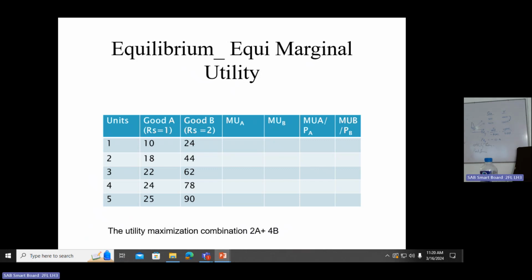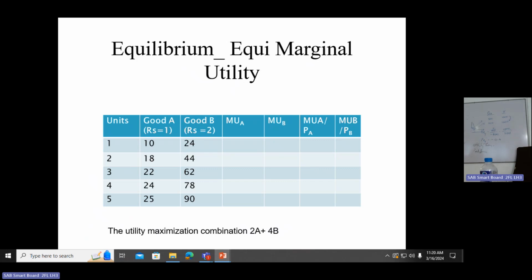Marginal utility is delta TU divided by delta Q for X. Taking the difference, 18 minus 10, delta TU is 8 divided by 1, so the marginal utility is 8.